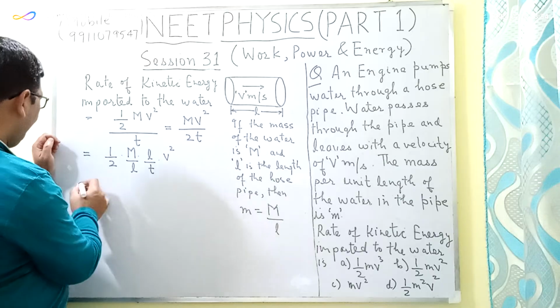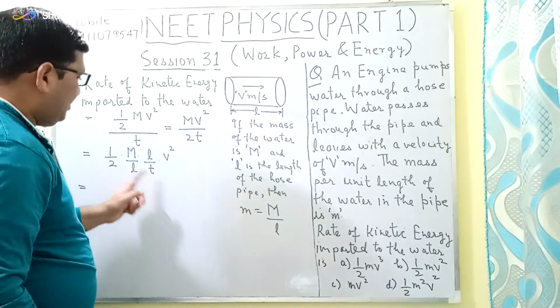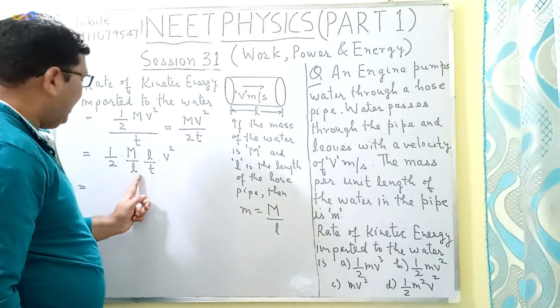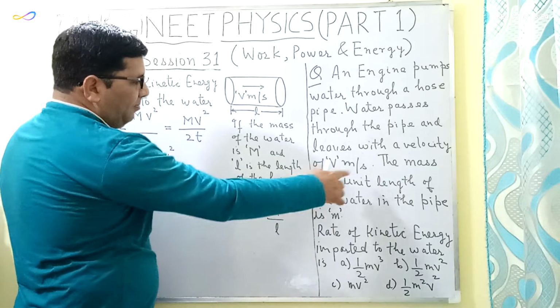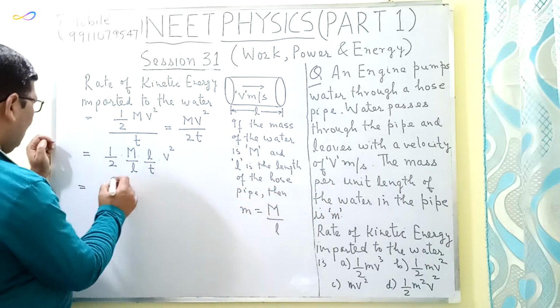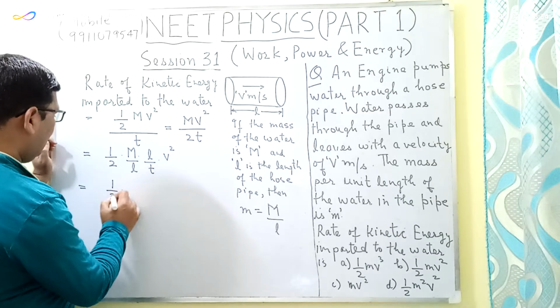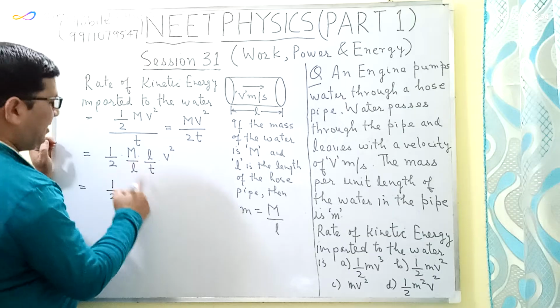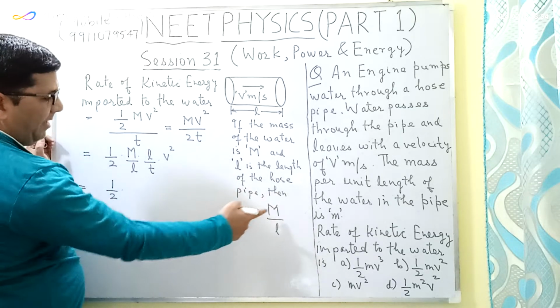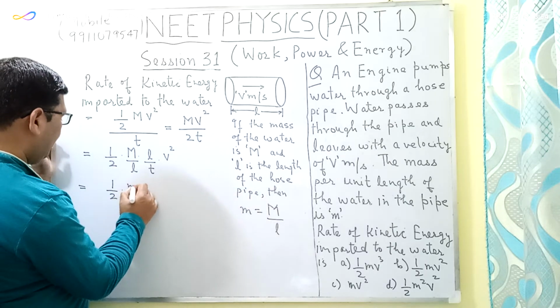Now here the M upon L, this is the mass per unit length. So I will be substituting the value of capital M divided by L as small m.